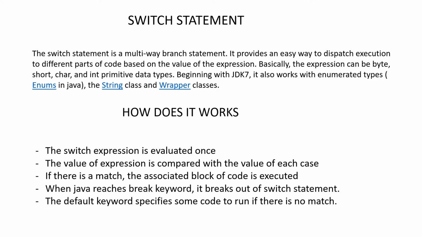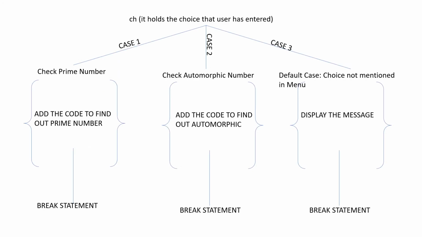Let's say we have a variable ch which holds the choice the user made. Now, there are 3 possibilities. Either the user enters 1 to find out prime, or enters 2 to find out an automorphic number, or enters any other number which was not in the menu. Yeah, that happens too.